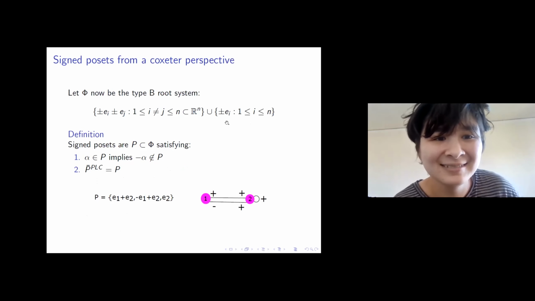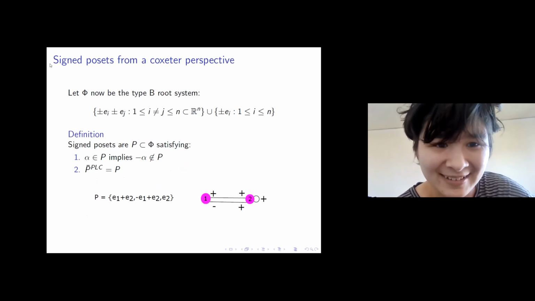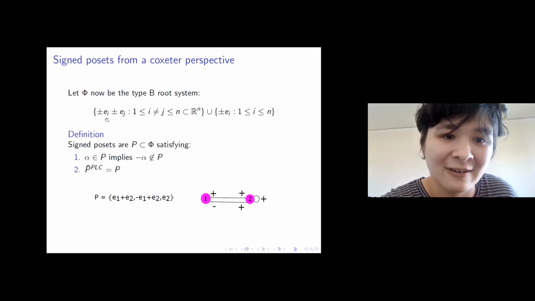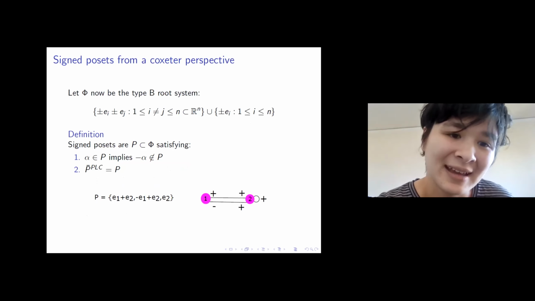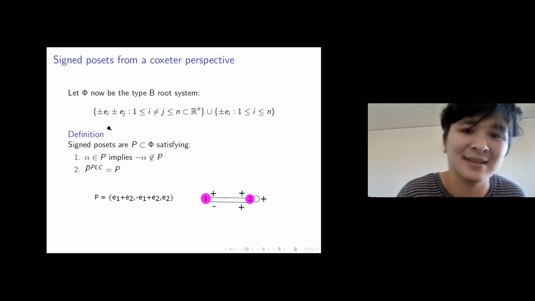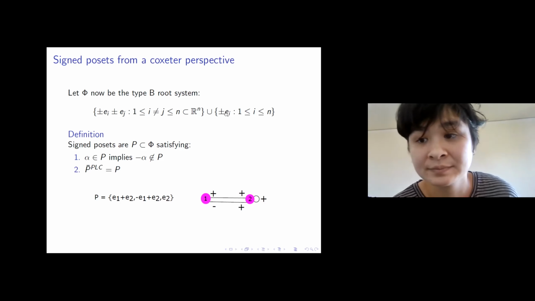So now we're going to have the type B root system. We still have the same points as before, e_i minus e_j, but now we can have e_i plus e_j, minus e_i plus e_j, minus e_i minus e_j, and we can also just have plus or minus e_i.